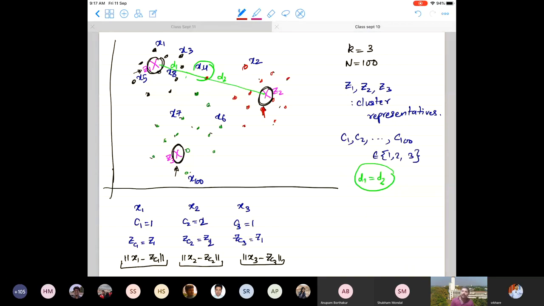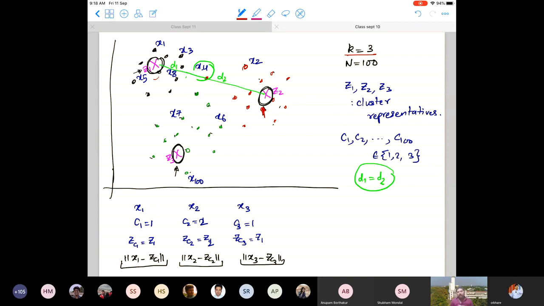Then again, you go back to this diagram and what we discussed some time back. I don't know how I came up with this choice of cluster representatives, the crosses in this diagram. But once I know that there are three clusters, K is equal to 3 was fixed, and Z1, Z2, Z3 were fixed. Once these four decision variables are fixed, I have C1 up to C100 and I have to make the best possible choice of them.